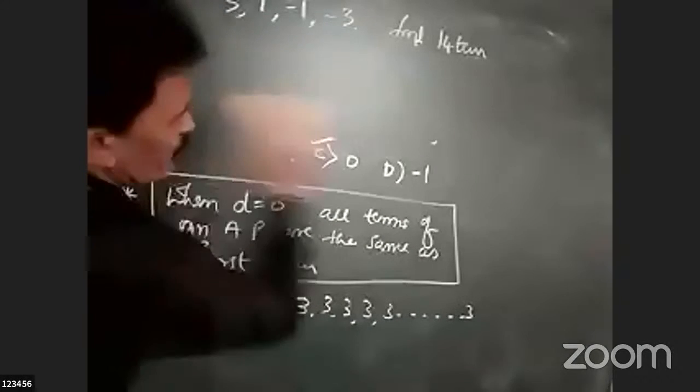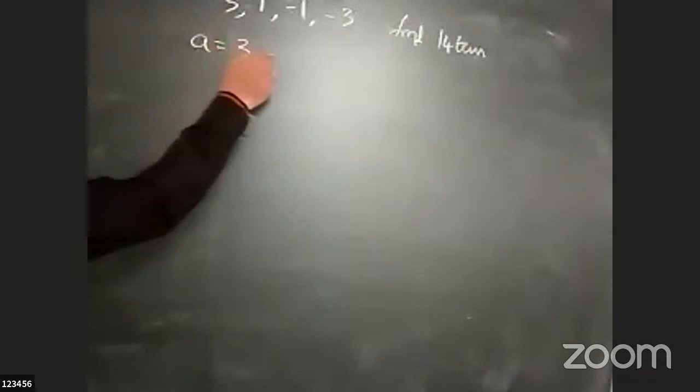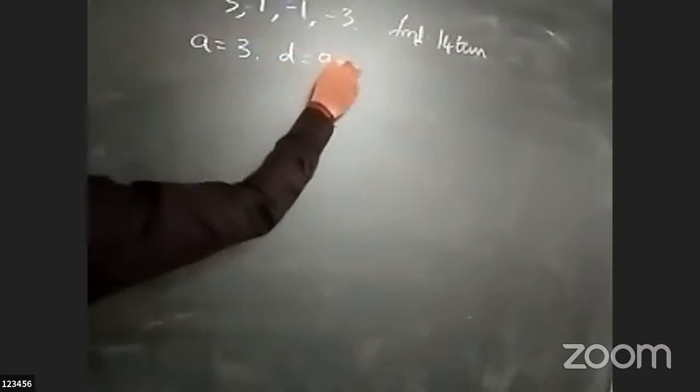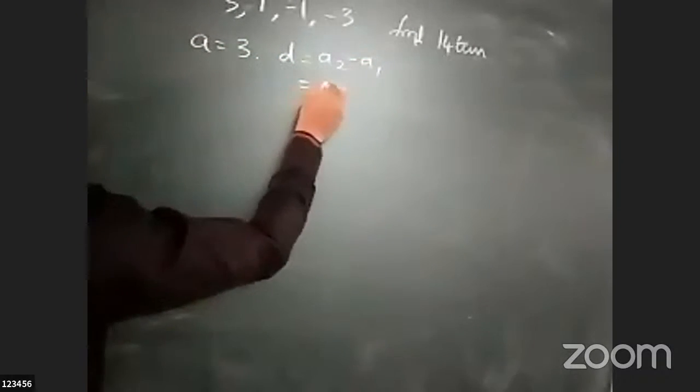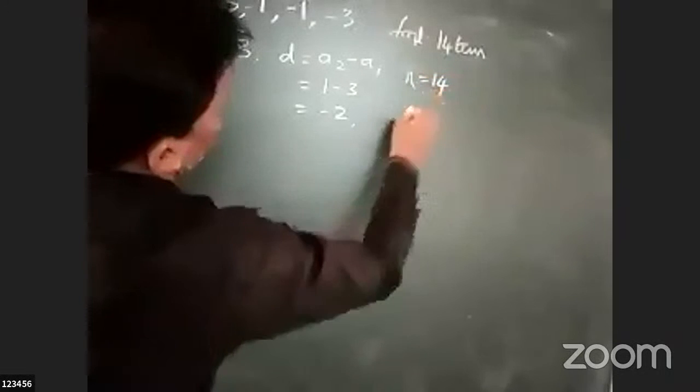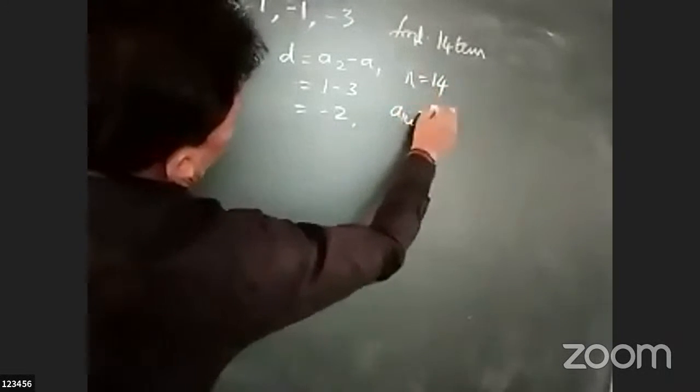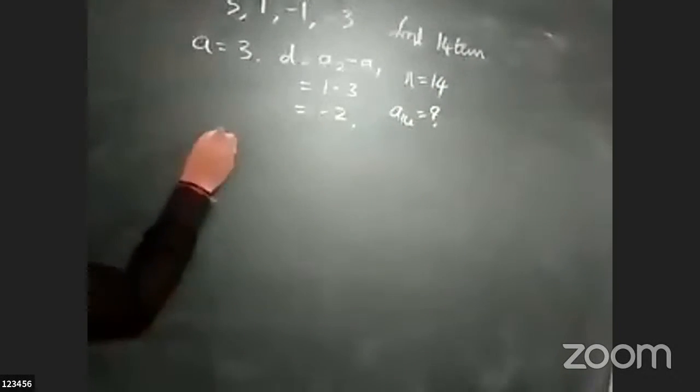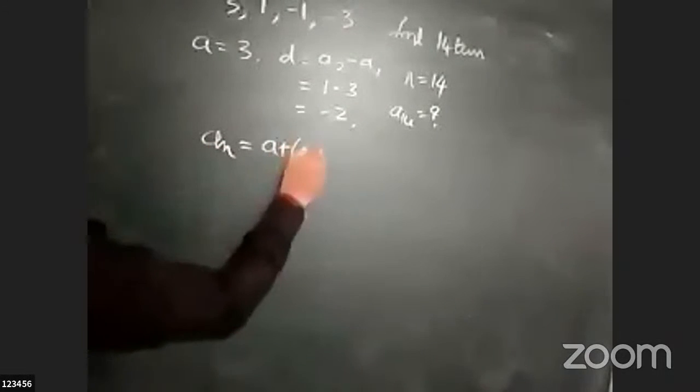Now look here. A is equal to 3, d is equal to A2 minus A1, that is 1 minus 3, which is minus 2. n is equal to 14, A14 is what we have to find. An is equal to A plus n minus 1 into d.